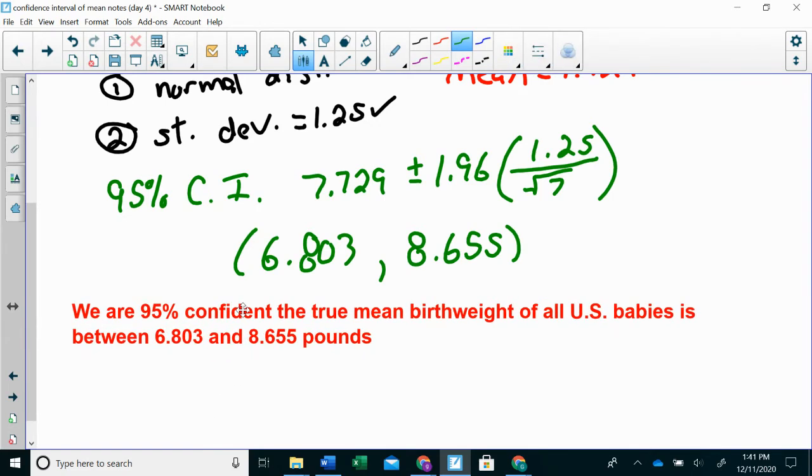There is our conclusion. There is our judgment, our inference that we can make after completing our analysis and our statistics.